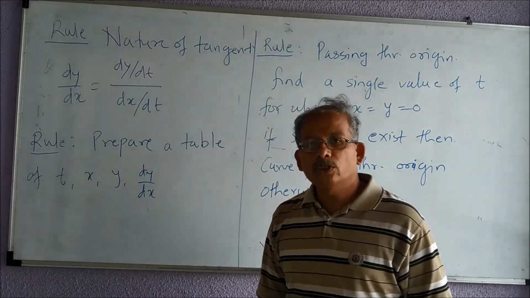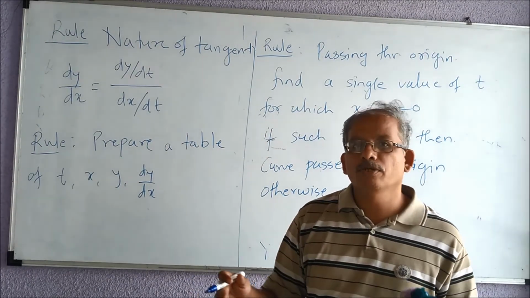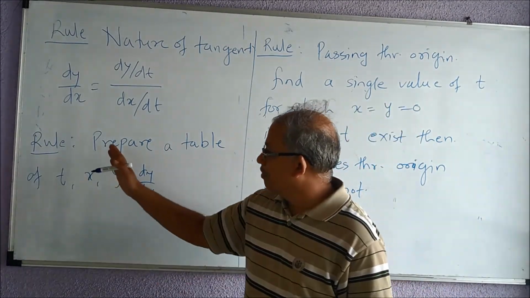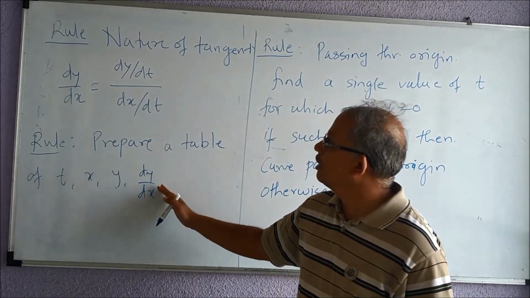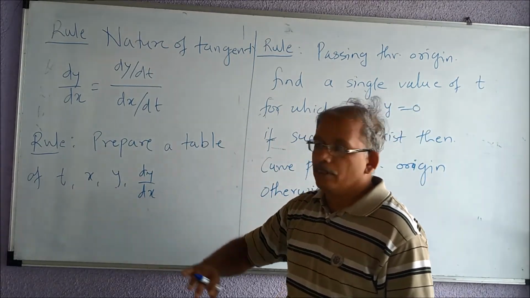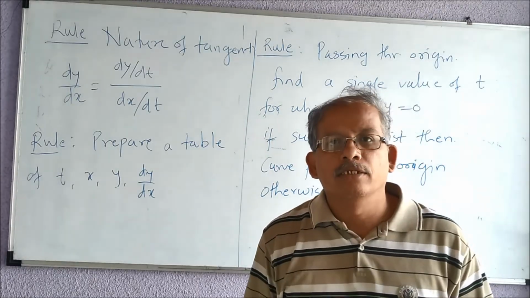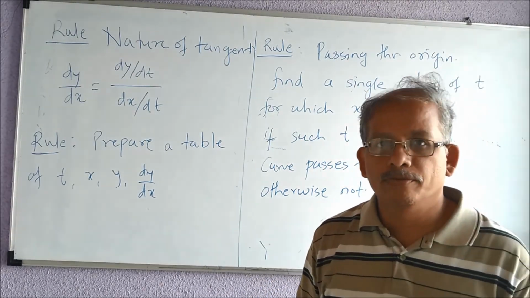For different values of t, ranging over the given range, we are preparing the x value, the y value, and the dy by dx calculated in this way. And from this table, we can easily determine the nature of the curve, and we can draw that curve.